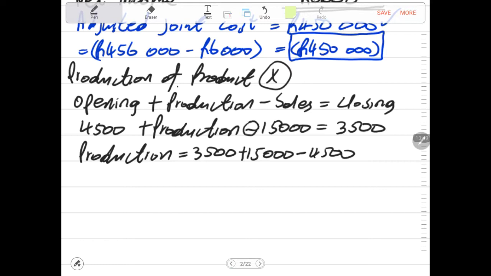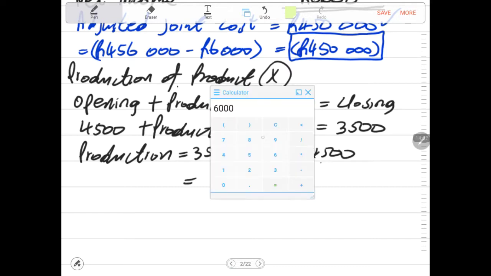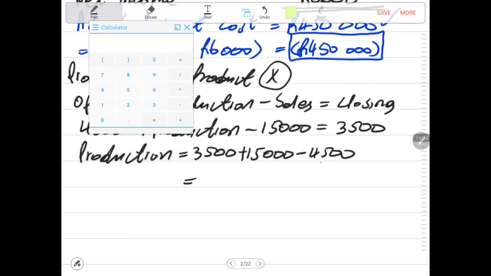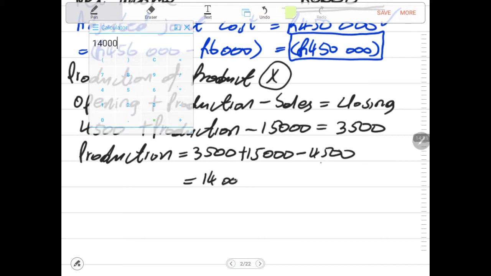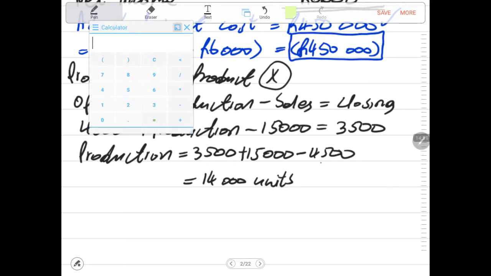The 15,000 was negative, then when it goes over the equal sign, it becomes positive. But the 4,500 was positive, when it goes over the equal sign, it becomes negative. So now we're calculating our units that were produced for product X: 3,500 plus 15,000 minus 4,500. Then this gives us 14,000 units, meaning there were 14,000 units that were manufactured.